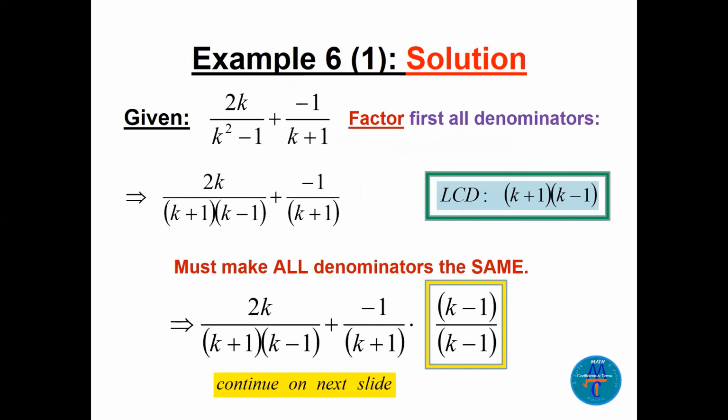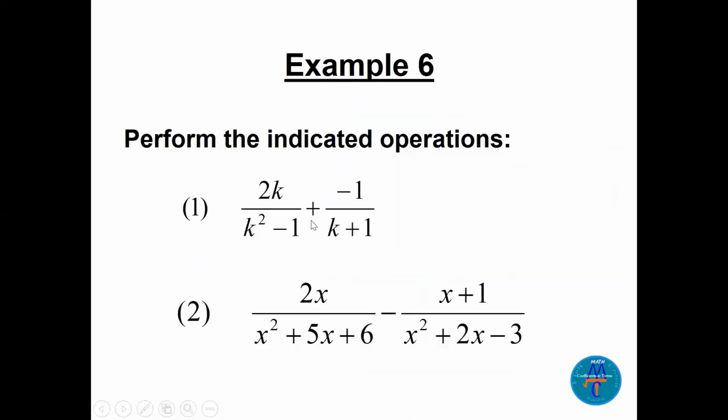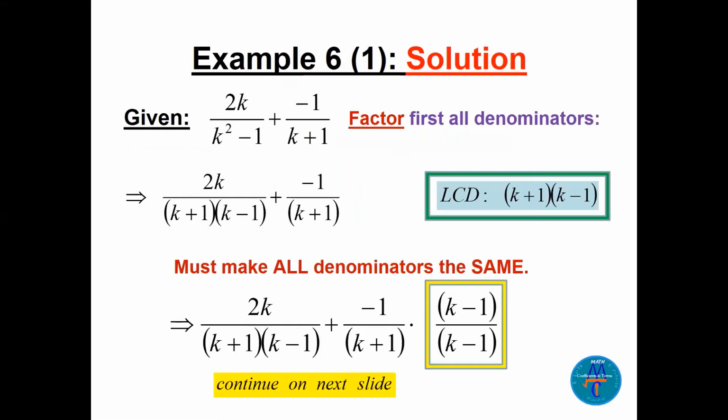Let's go to the first one. It takes 2 slides, maybe, to explain it in detail. So 2k, k squared minus 1. Factor all the denominators first. See this one, 2k, k plus 1, k minus 1. We know the difference of 2 squares from factoring. So this is k plus 1, k minus 1 for k squared minus 1. Yes.